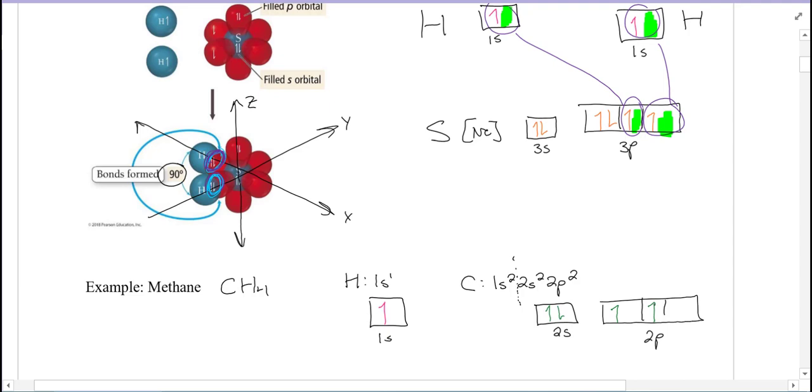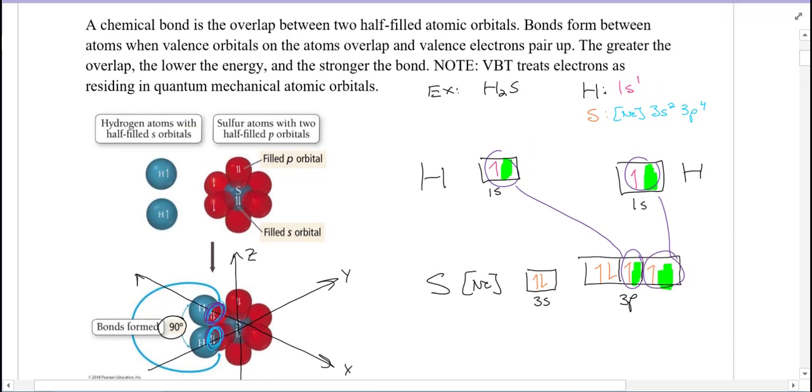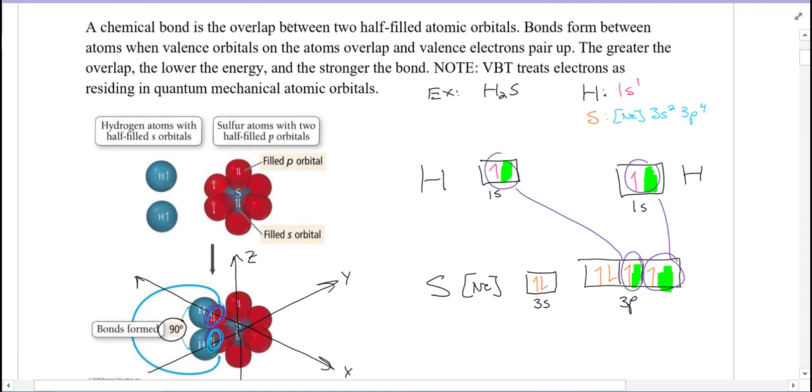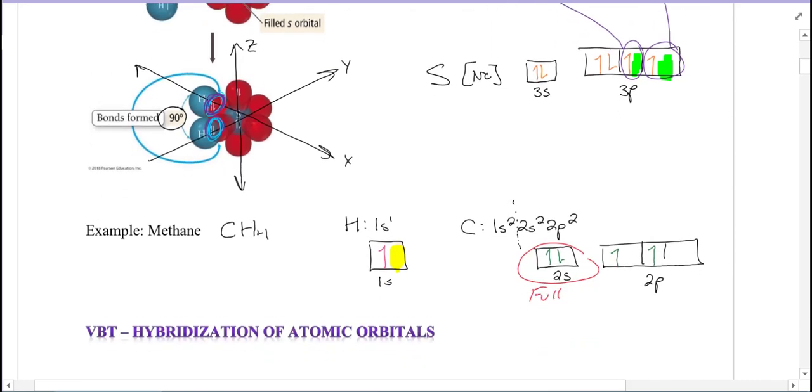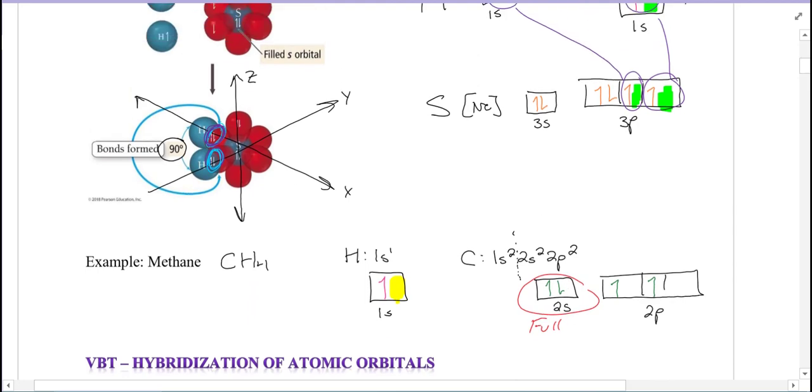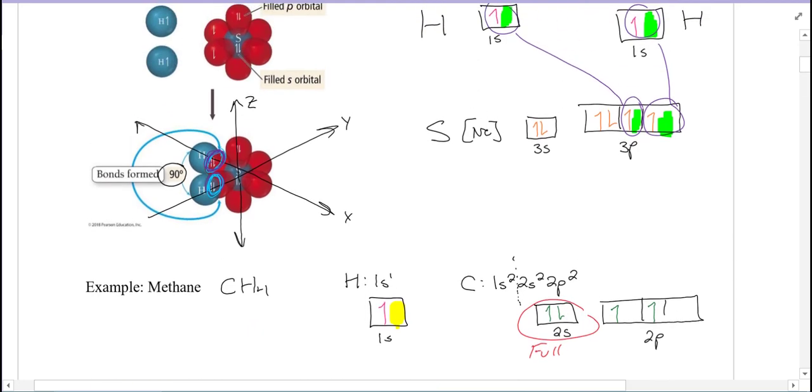So when we look at carbon here, how many bonding opportunities does carbon have? Well, each hydrogen has its one bonding opportunity. The problem I have with carbon is that the 2s orbital is full. And a chemical bond is the overlap of two half-filled atomic orbitals, so the full atomic orbitals are not going to overlap.